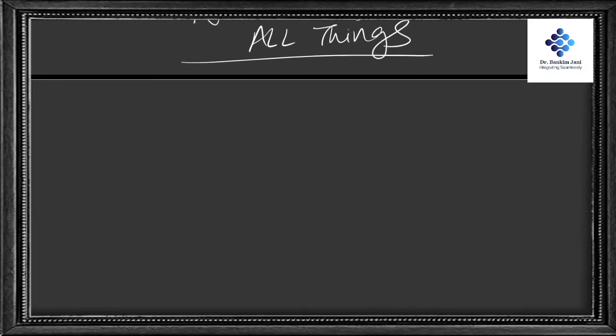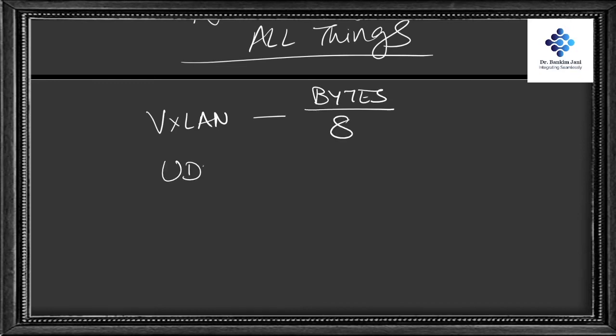We start with VxLAN. In VxLAN 64 bits, so we write here in bytes, so it will become easier: 8 bytes. UDP, we said yes, add the UDP also, so that is another 8 bytes. Then there would be an IP header, so if it is IPv4, then it is 20 bytes.